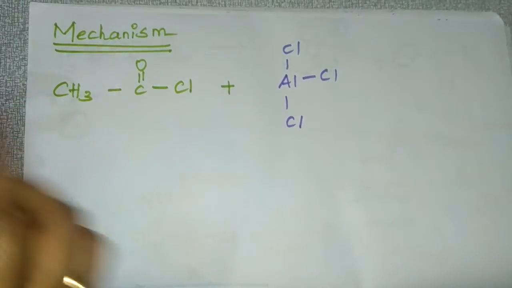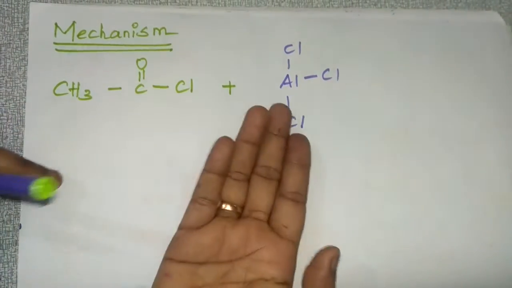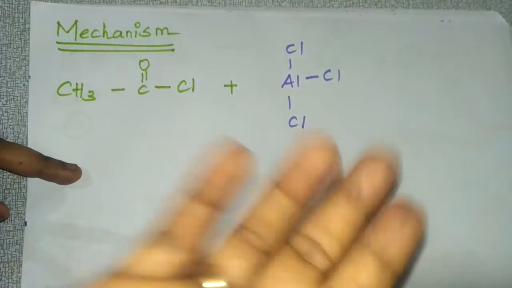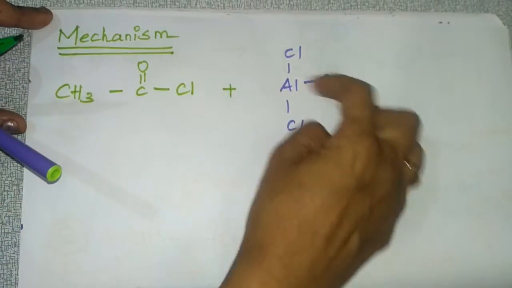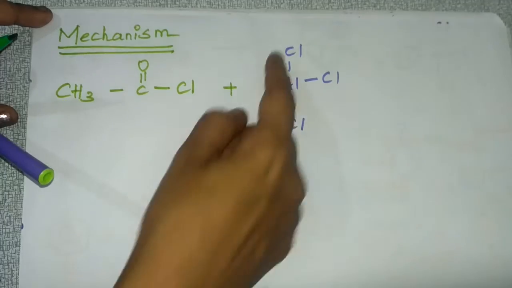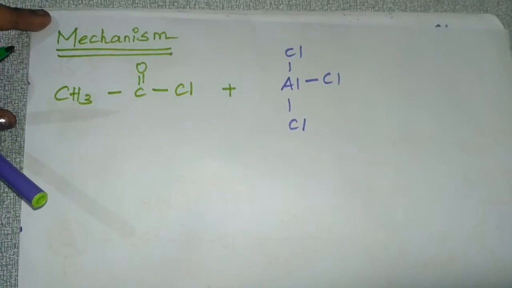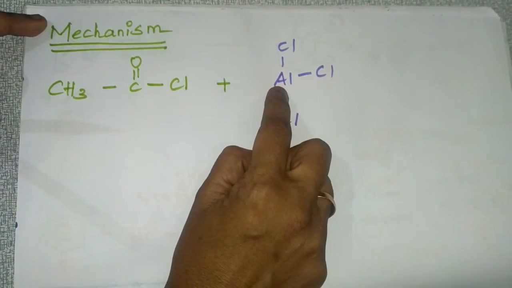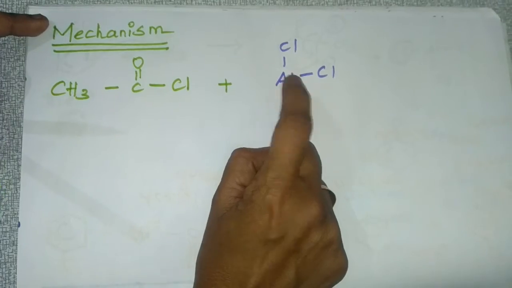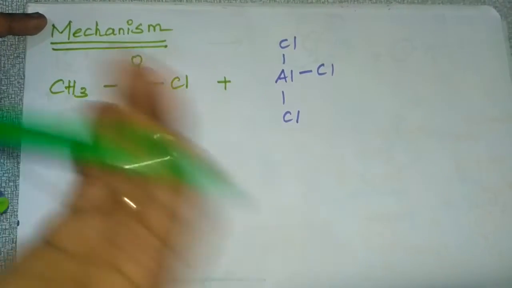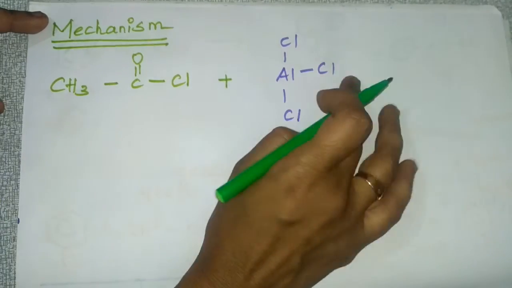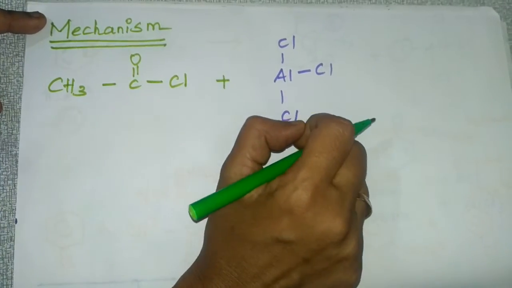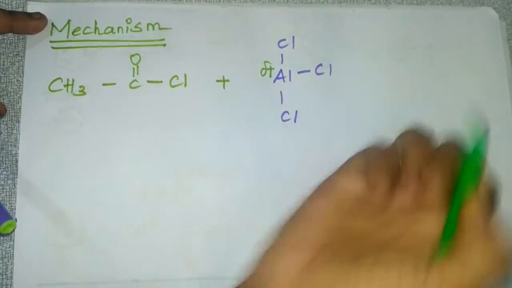And what will be the charge of this aluminum, as in Friedel-Crafts alkylation also? This chlorine is highly electronegative, so it will take the shared pair of electrons towards itself, and the charge will be positive on this aluminum. Here also the same: chlorine is highly electronegative, and it will take the shared pair of electrons towards itself, and here the charge will be positive.